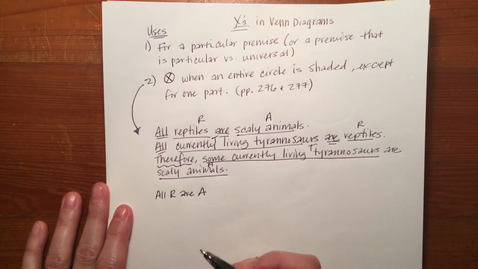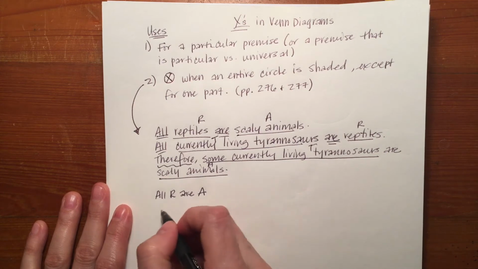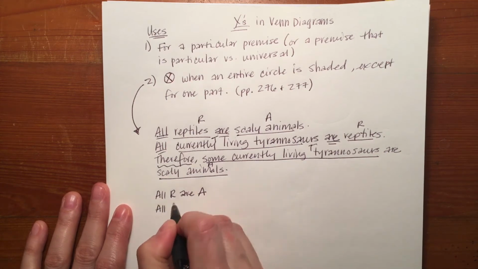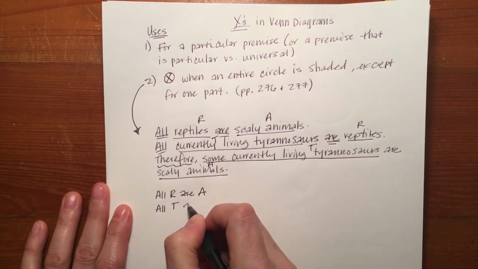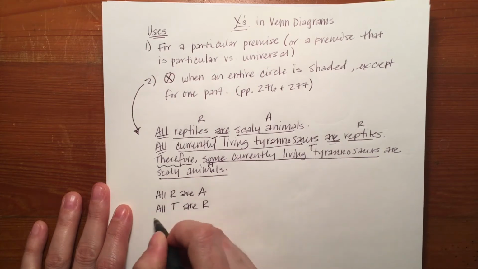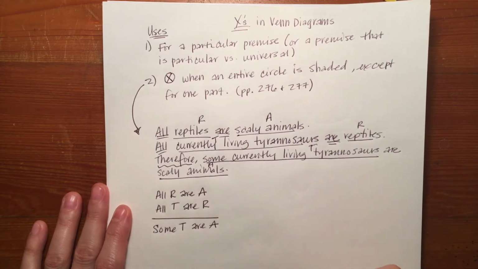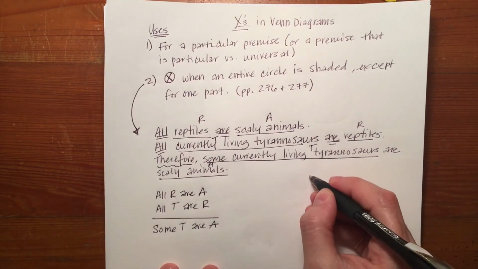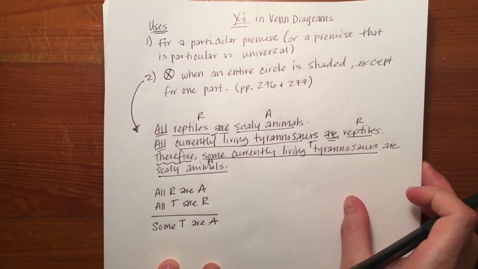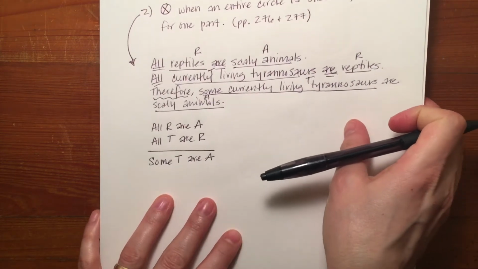I'm on page 276. All T are R, therefore some T are A. If we do a Venn diagram here, I'm going to slide this up so you can see.